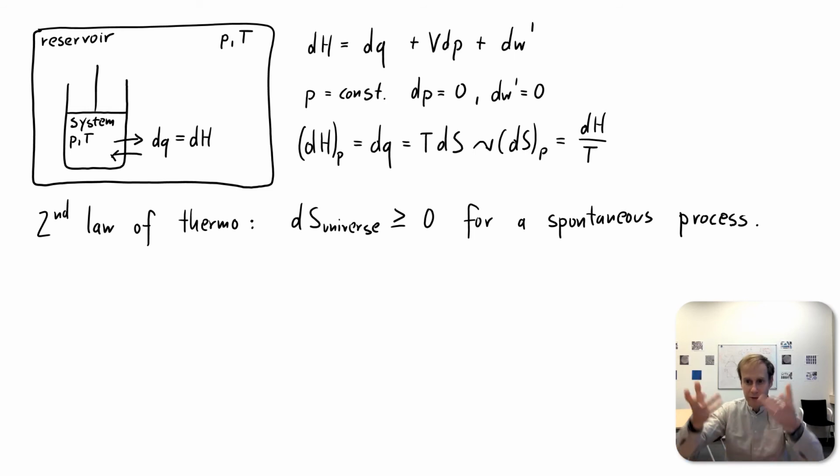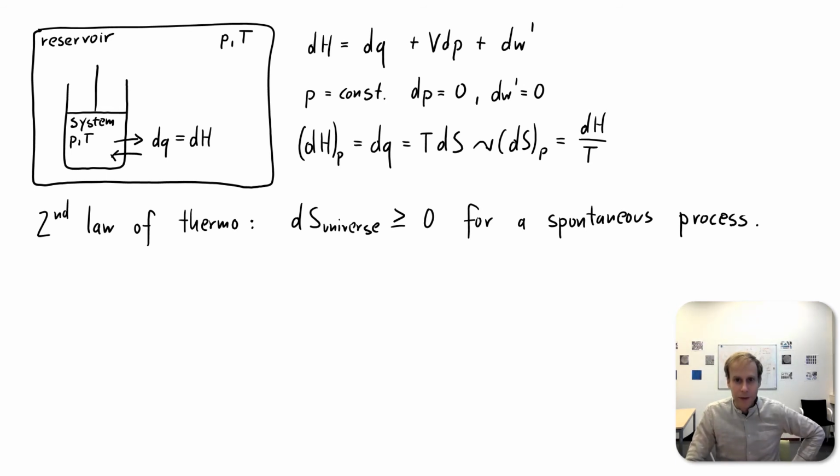The multiplicity will always increase, right? The universe will always strive towards states of more disorder or higher multiplicity, simply. That's just a statistical fact, and we express it here in thermodynamic quantities.